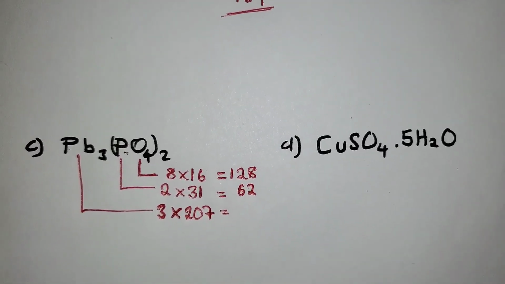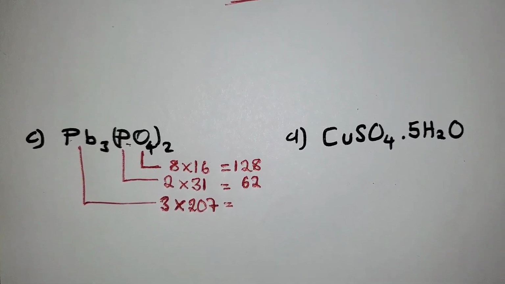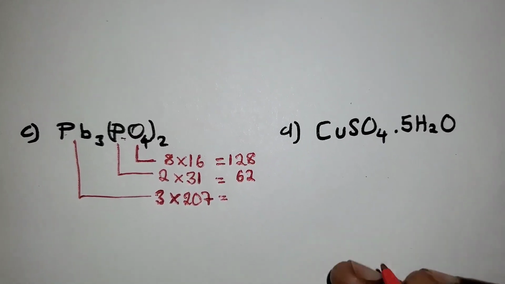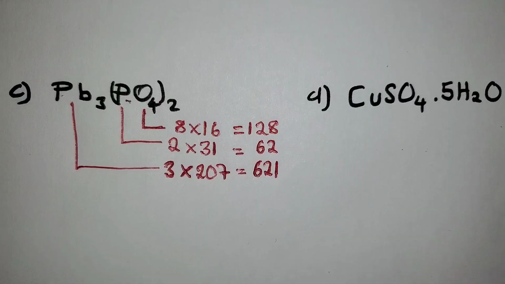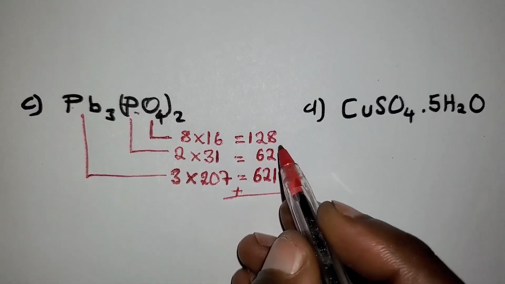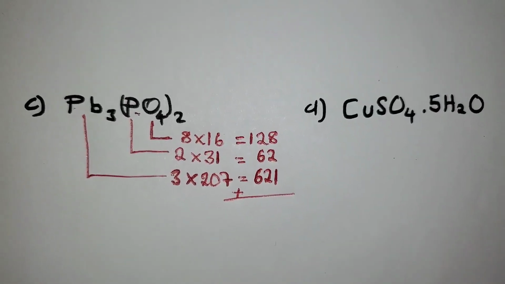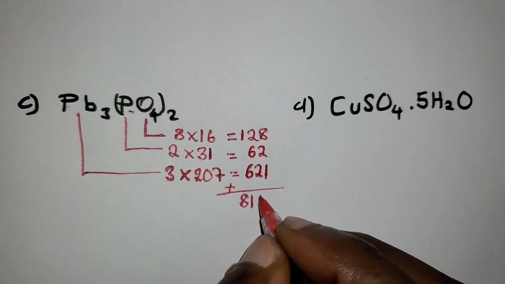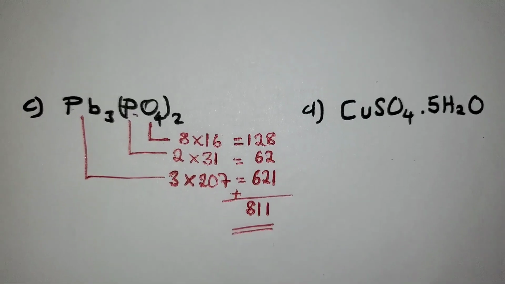Then 207 multiplied by 3, we're going to have 621. So when we add 128 plus 62 plus 621, we're going to have 811. This is the answer.